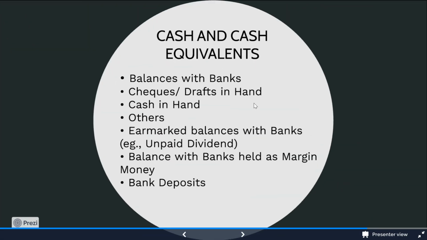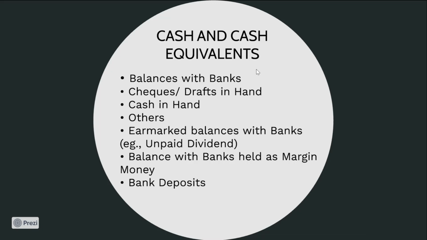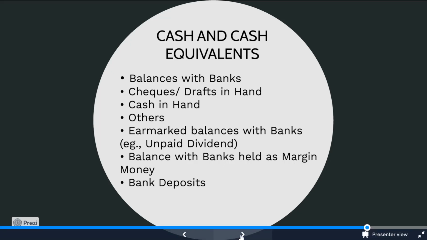Under the head cash and cash equivalents, we have balances with banks, checks or drafts in hand, cash in hand, earmarked balances with banks, that is, example is unpaid dividend, balance with banks held as margin money, and also bank deposits.